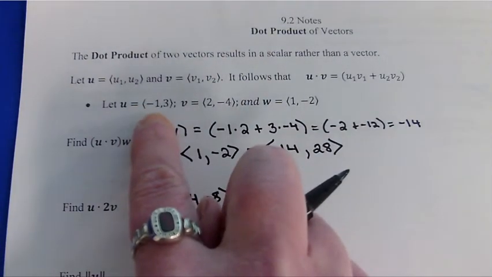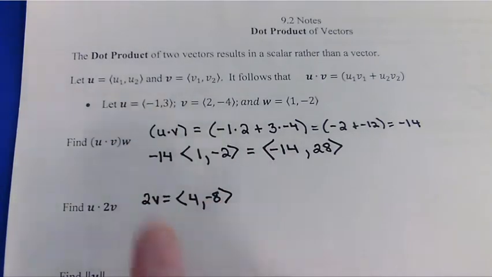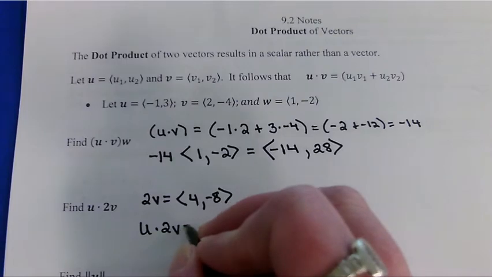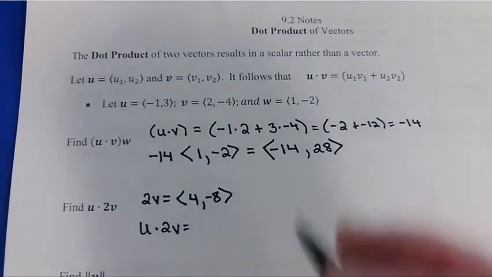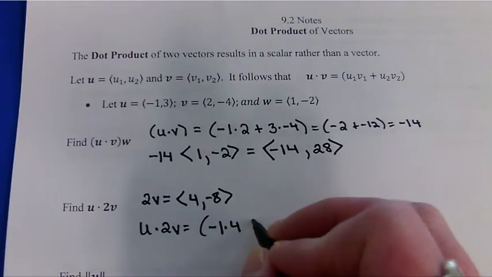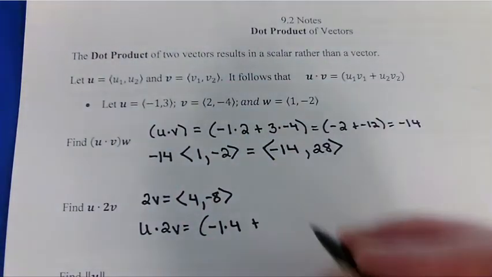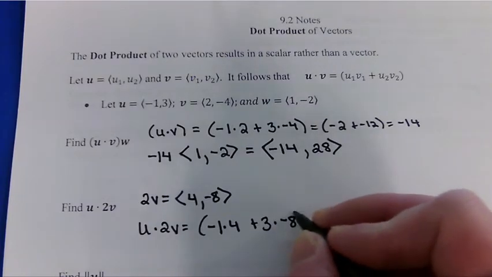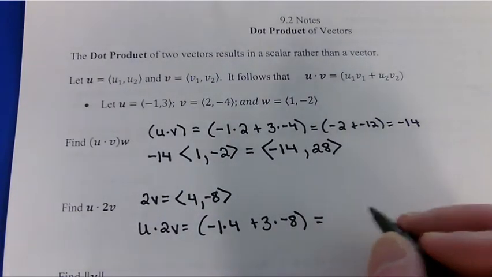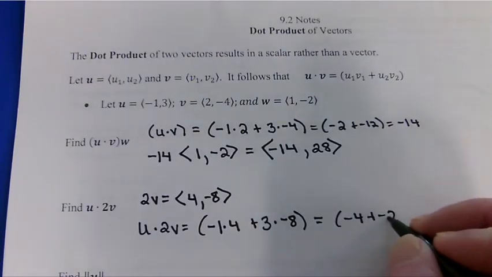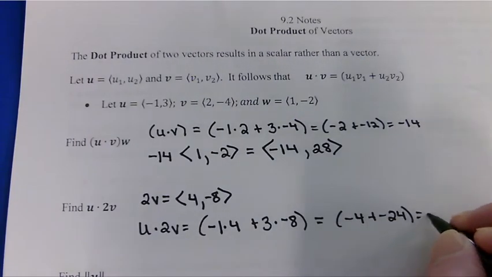And its dot product with u, so u dot 2v would mean I'm going to take the x components and multiply them together, so -1 times 4 plus 3 times -8. And I will get -4 plus a -24, and that's a -28.